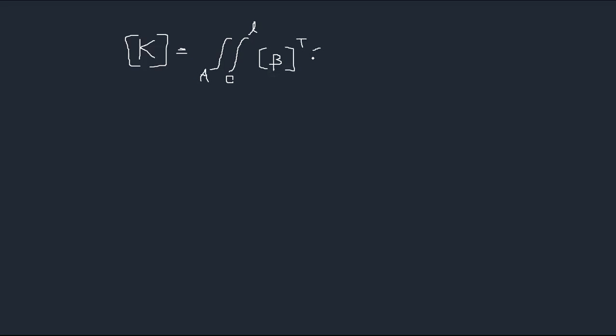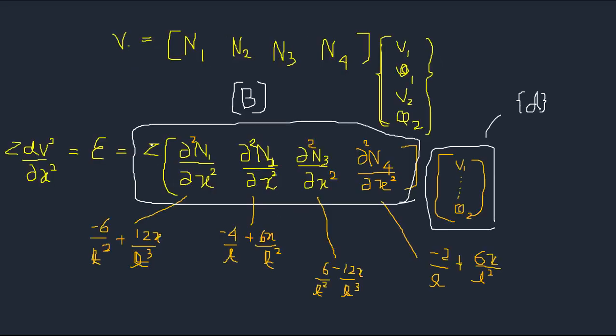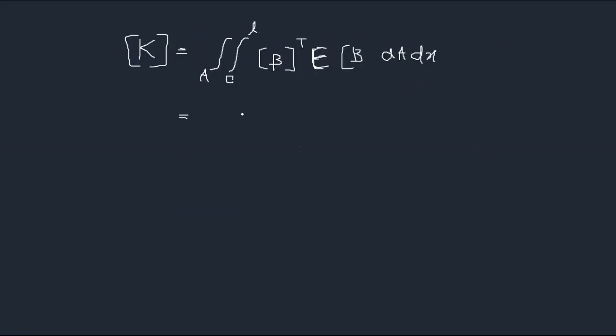This is E. It's one dimensional, because we only consider the longitudinal strain. dA and dx: dA is for the area, dx is for L. From this B, you can take a Z out, and you take the transpose.